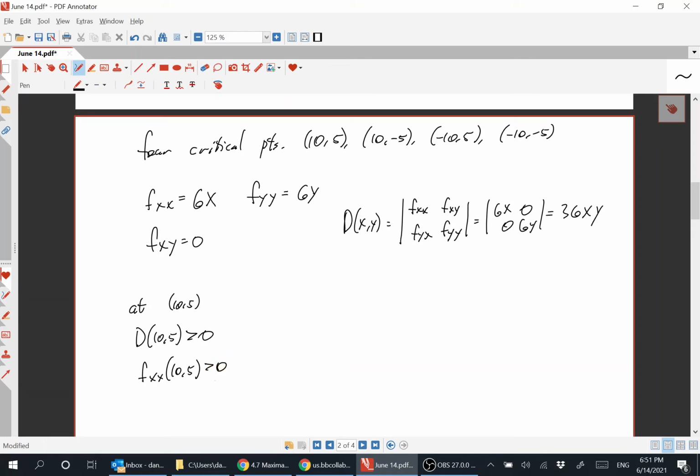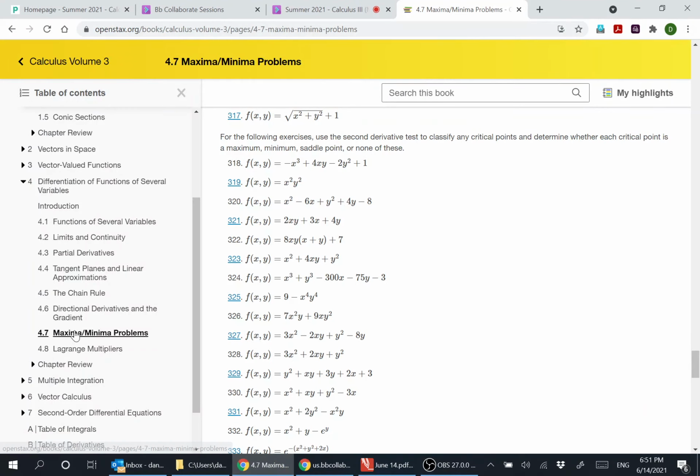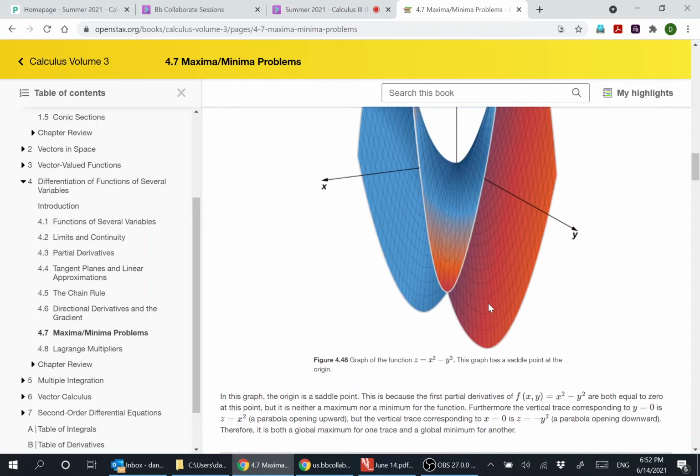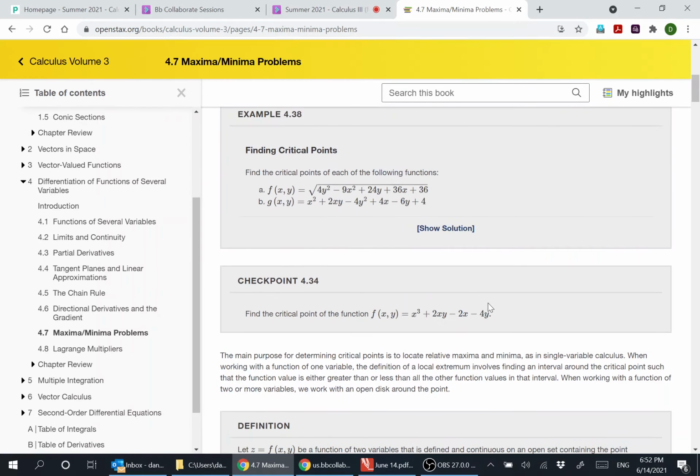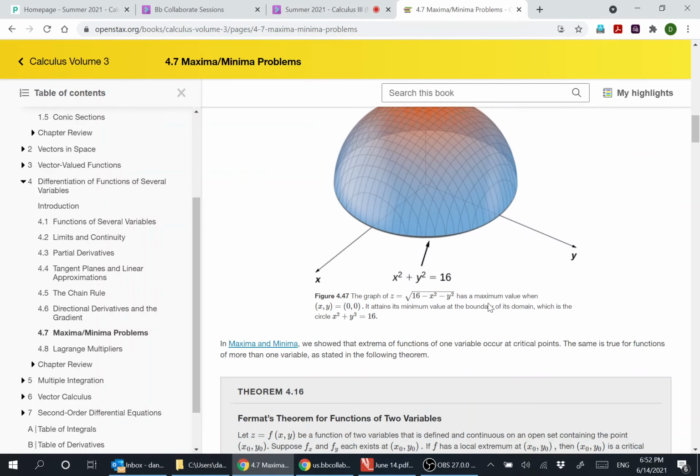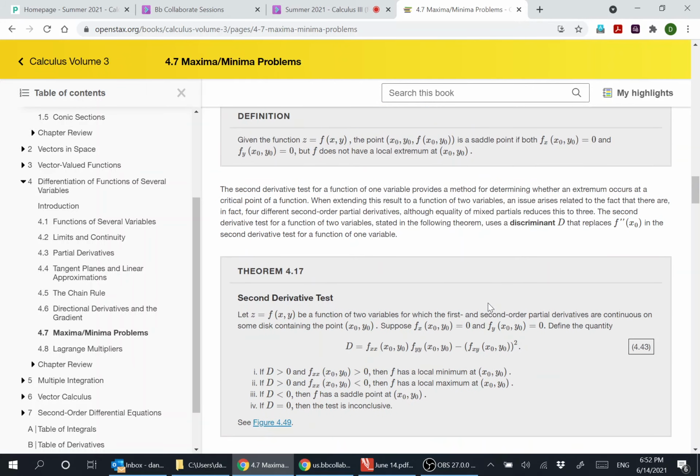So what does that tell you in these situations, if you remember? Right, when the d is positive, it's in here somewhere. When the d is positive and fxx is positive, it's a local min. Right, the d has to be positive to tell you local max or local min.